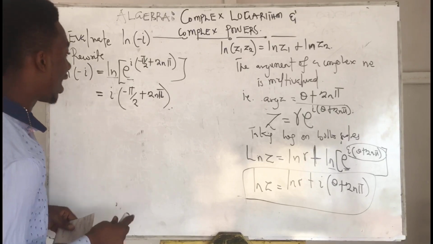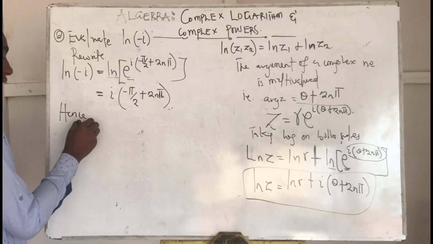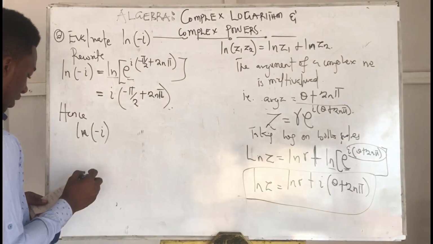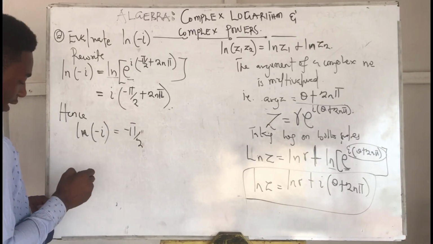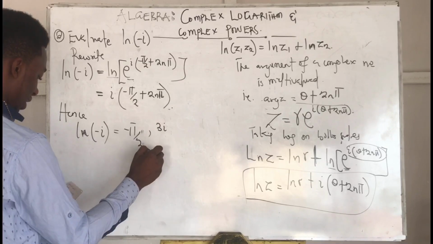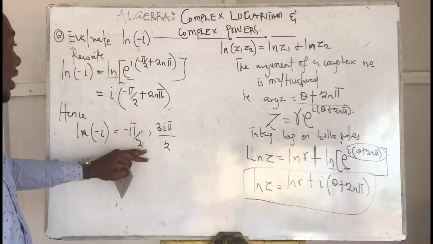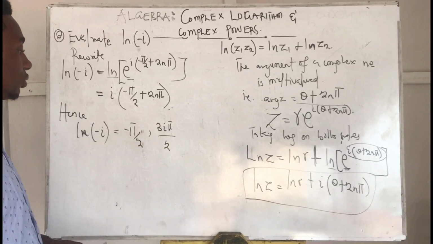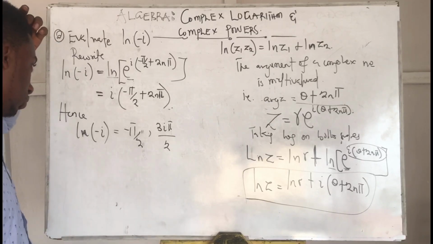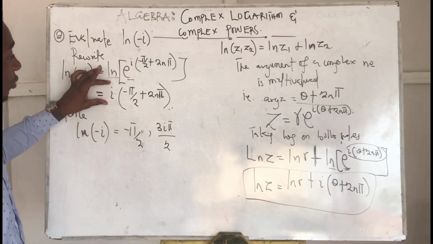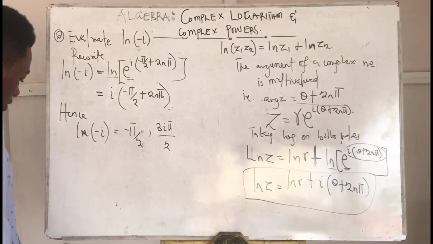And when we get this, we can say hence our log of negative i would then be equal to negative pi on 2, comma 3i pi on 2. So you can say our log of negative i is now equal to negative i pi on 2 and 3i pi on 2. That is when you evaluate this particular thing. This is what you will be getting.